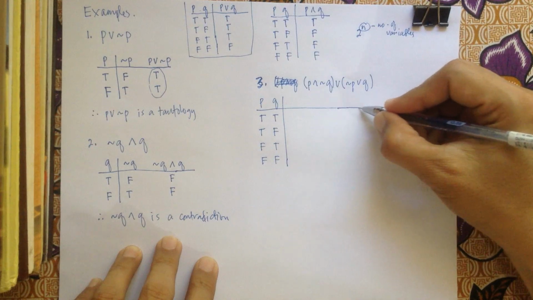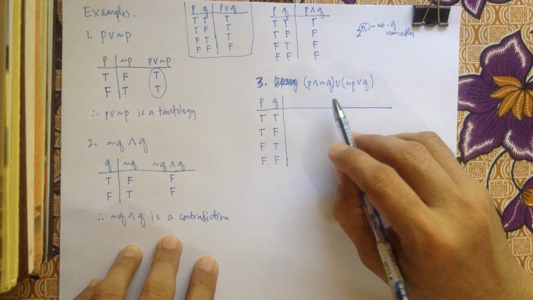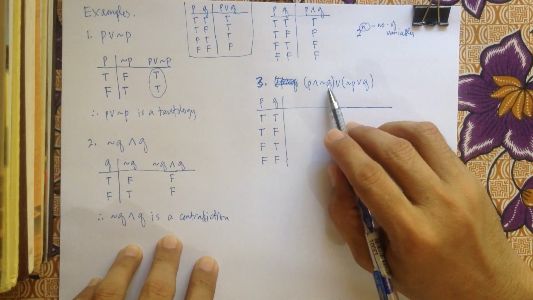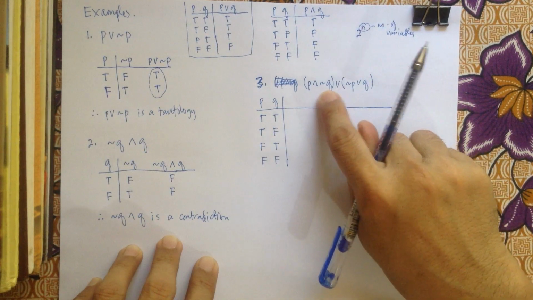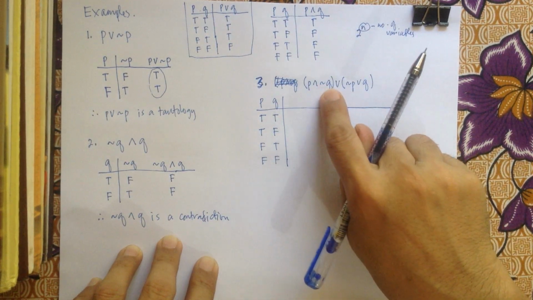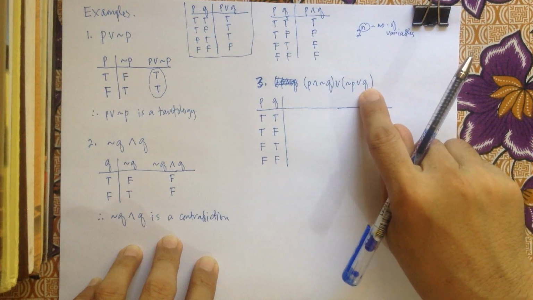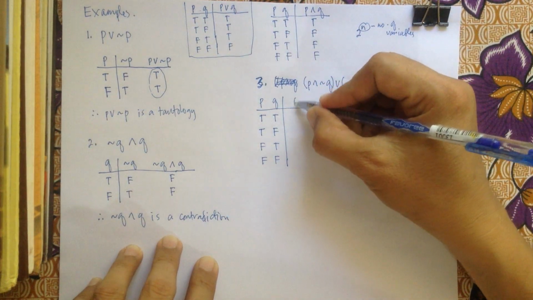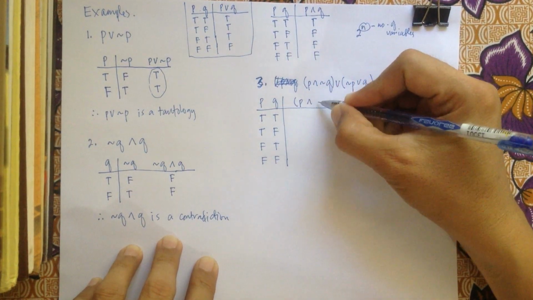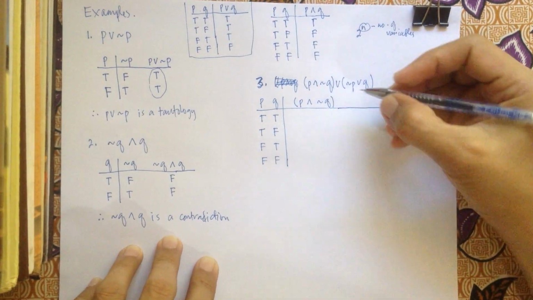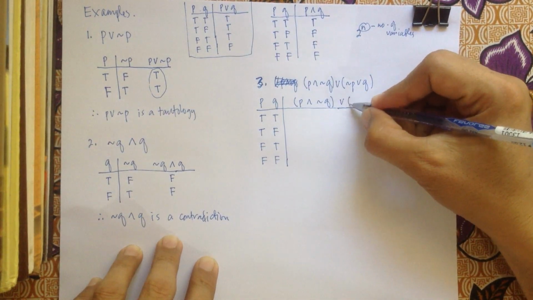Now, instead of finding the truth value for negation of Q, negation of P, P and negation of Q, negation of P or Q, let us just indicate the propositional form here.